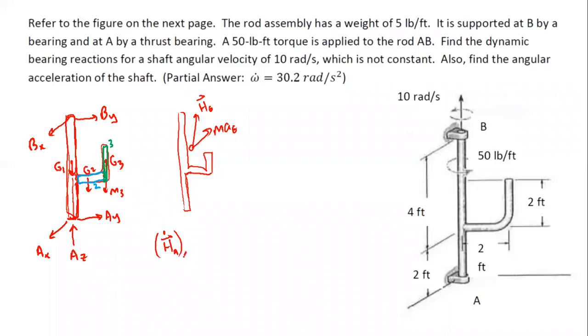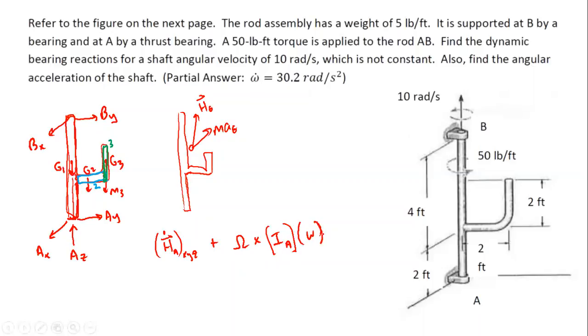So if we look at our X, Y, Z, that's going to be the first part. And then the second part is my capital omega crossed into whatever my I about point A is, times my omega. Does that make okay sense to everybody?